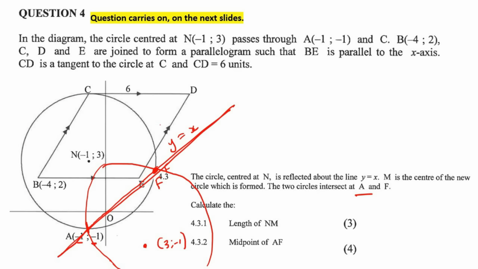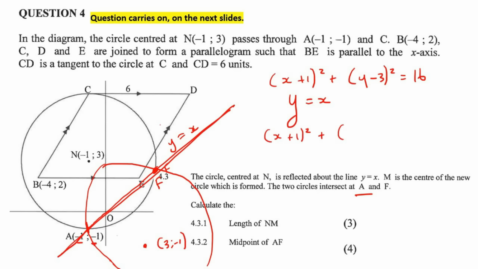I know the equation of that circle would be (x + 1)² + (y - 3)² = 4², since we already worked out the radius earlier as 4, and 4 squared is 16. Then we've got the equation of this line, y equals x. To find where these two intersect, I can substitute this into the circle's equation, and that would be (x - 3)² = 16.